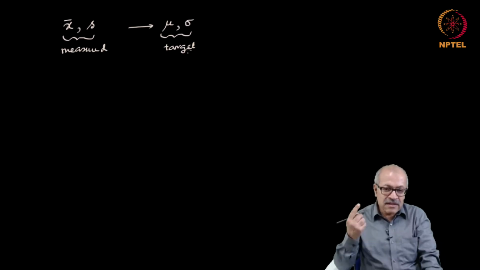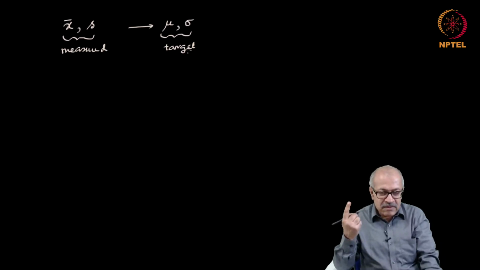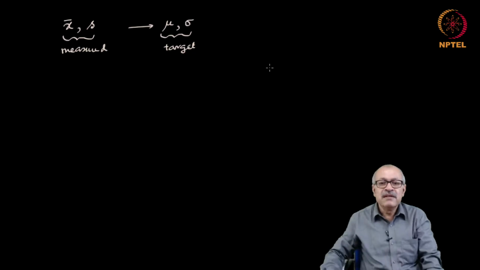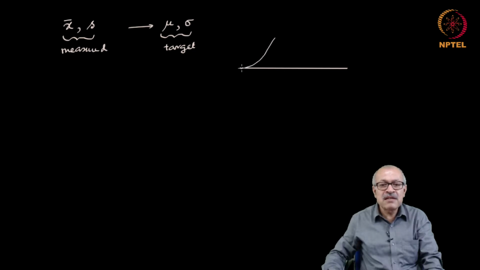And then the central limit theorem stated that if the number of data points is sufficiently large, then the means will be distributed as a normal distribution, something like this.